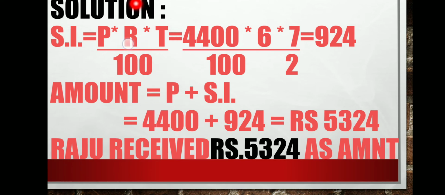Simple interest is equal to P into R into T divided by 100. So we have just put the values here. 4,400 into 6 into 7 by 2.